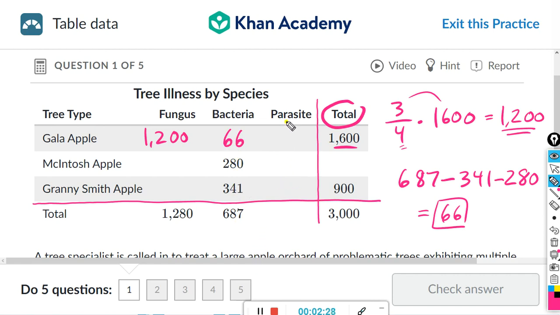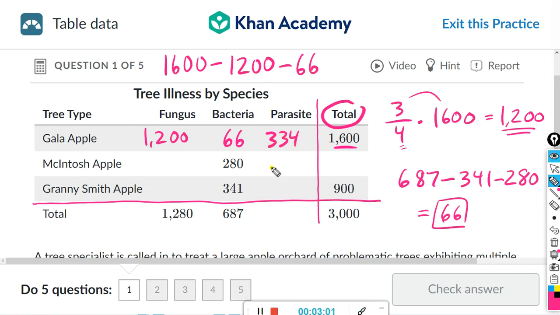All right, finally, in order to find the Gala apple and parasites, the total is 1,600. I just subtract these two from 1,600. So that's going to be 1,600 minus 1,200 minus 66. 1,600 minus 1,200, that's 400, minus 66, that's 334.